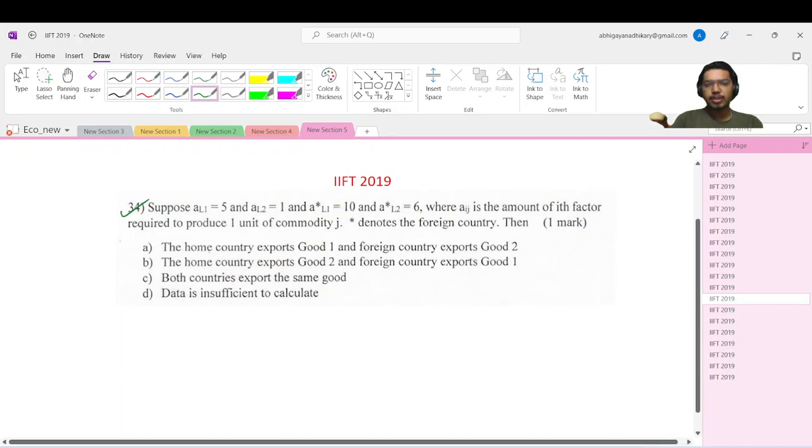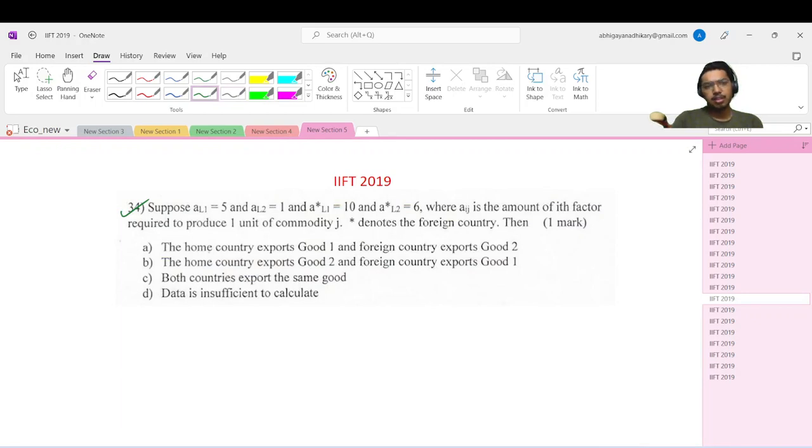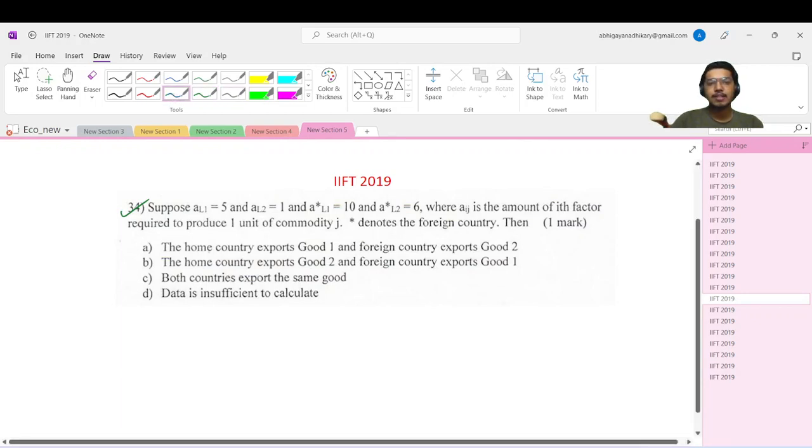Now, one thing that we can easily assume in this question is that since we are only given the labor coefficients for the two goods in the two countries, labor is the only factor of production. There is not a problem in this. That means we are basically in the Smith-Ricardo kind of framework where labor is the only factor of production.